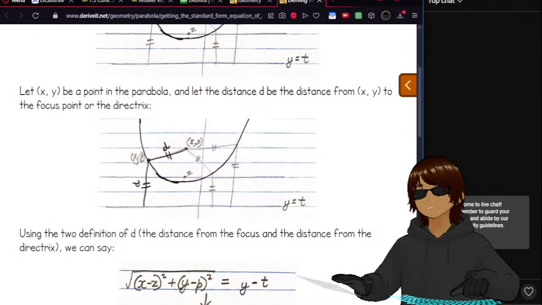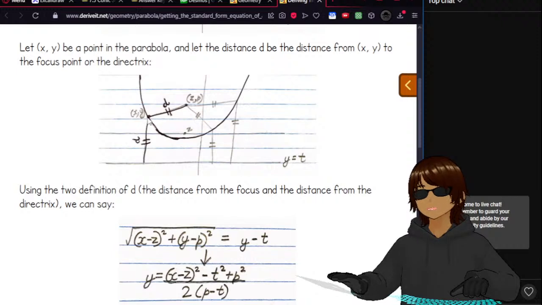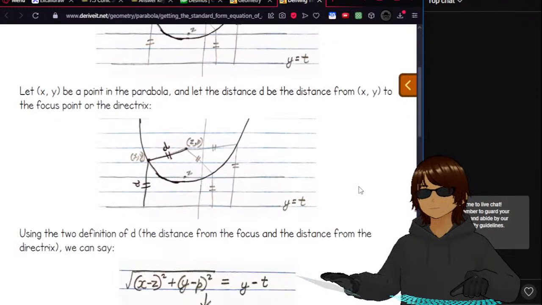Oh, yeah. So this point is x and y, so y minus d will give you d. I think I should erase this to remove confusion.